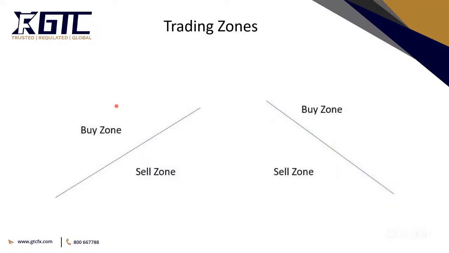For example, if an instrument is in the buy zone, predominantly we are going to buy first and sell second. So we enter buying and then exit selling, so that there's no confusion in the logic that we apply to trades. And when the market is in a sell zone, predominantly we sell first and buy second.